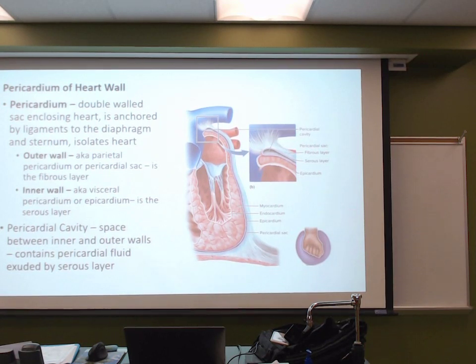Because, once again, this is an organ within membranes within the thoracic cavity. So having this structure helps anchor the heart in place. Once again, helping it to reduce friction every time your heart beats.